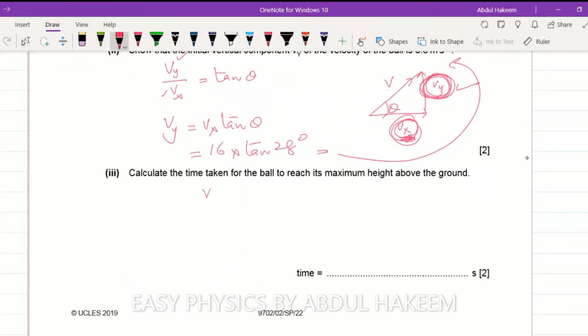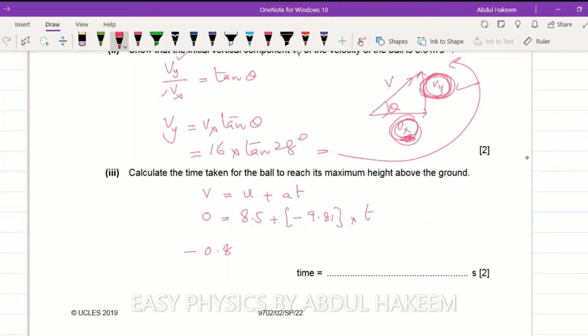So first equation of motion, V is equal to U plus AT. Final vertical velocity at the top is 0. And the initial vertical velocity, we have calculated 8.5. And for the upward journey, this acceleration is minus g, which is 9.81. And the time is required.